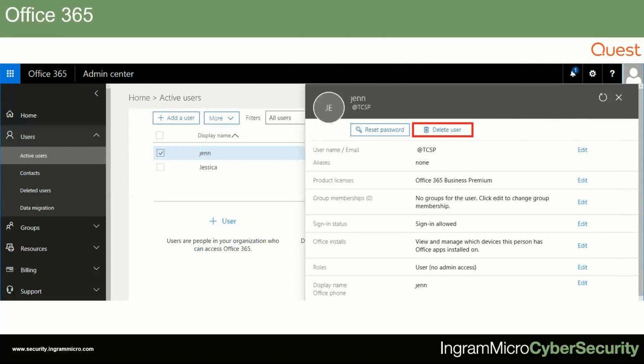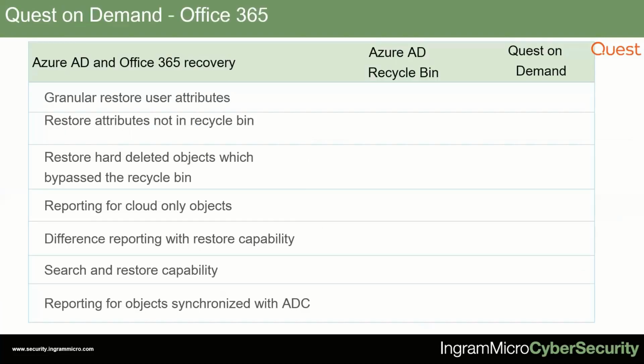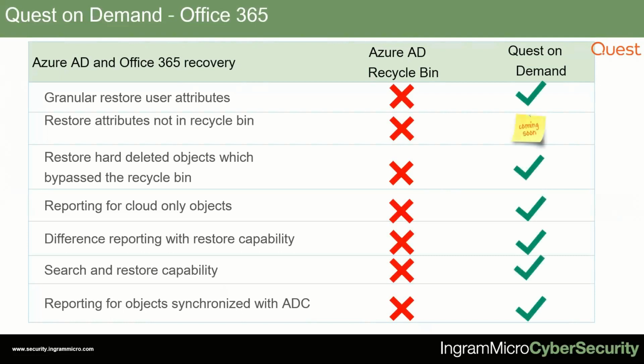Because normally when you have the solution on premise, you have granular controls on the restoring part, but the same is not the case when it comes to the cloud solution. So these are the different features or granularities that you cannot get with solutions hosted on the cloud. So Quest On Demand can help you to recover these kinds of attributes.